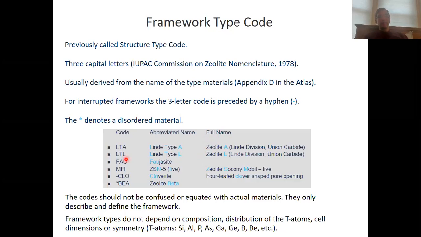Another framework type code, for instance, is LTL, which stands for Linde Type L. In some cases, the framework type code is also derived from a mineral name. That's, for instance, the case for the FAU framework type code, which is derived from the mineral faujasite.